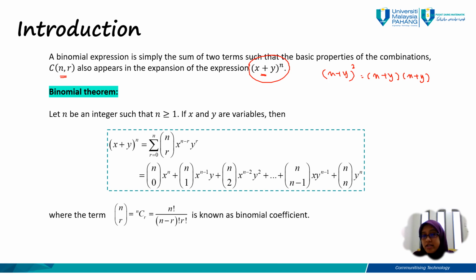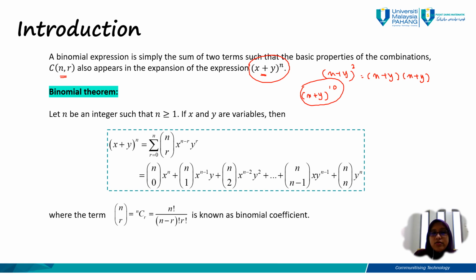But how do we expand if we have (x plus y) to the power of 10, for example? It is very hard for us to expand this expression manually. Hence, the binomial theorem helps us to expand this binomial expression if n is a larger number.